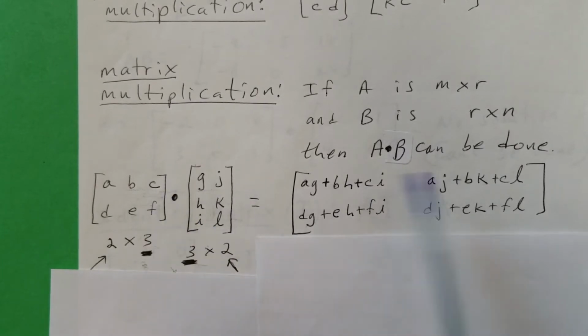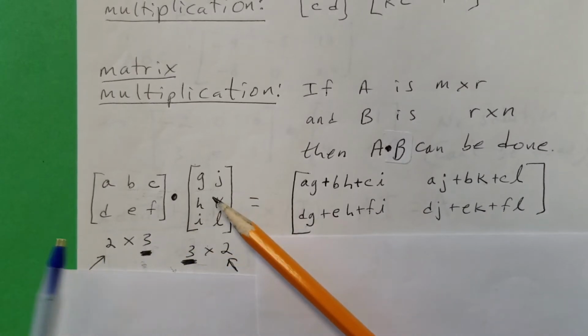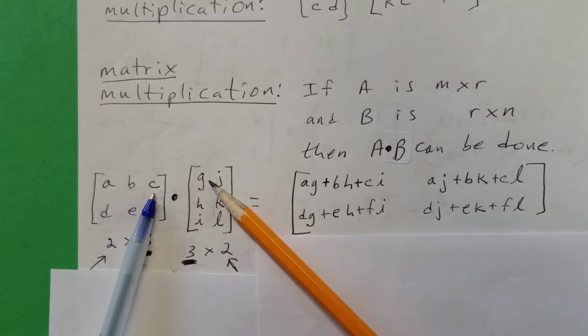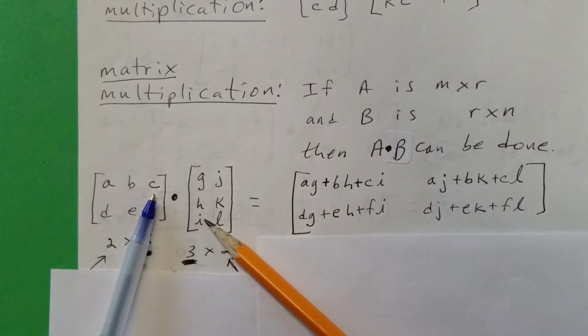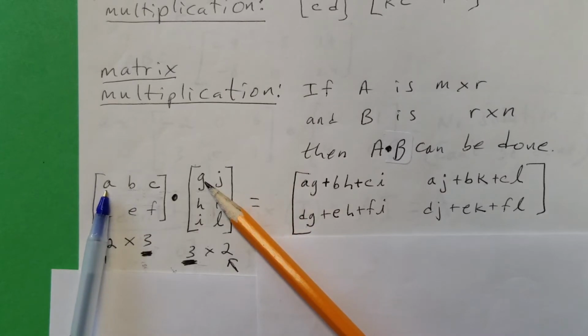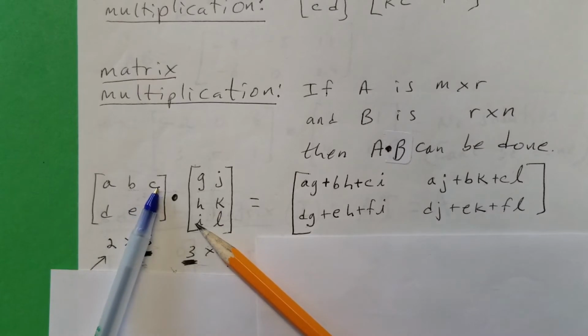So we're doing notes, so there's a lot of writing. But basically, for the first matrix you go across and for the second you go down. So it's this times this, then these two multiplied, then these two multiplied, and those 3 answers get added.